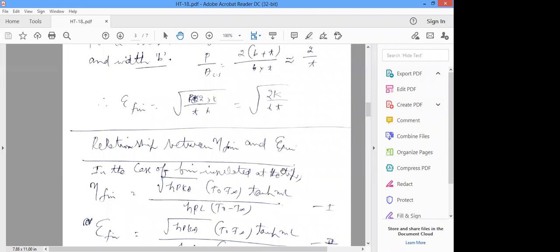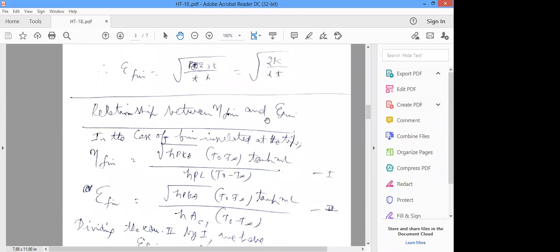Relation between fin efficiency and fin effectiveness.